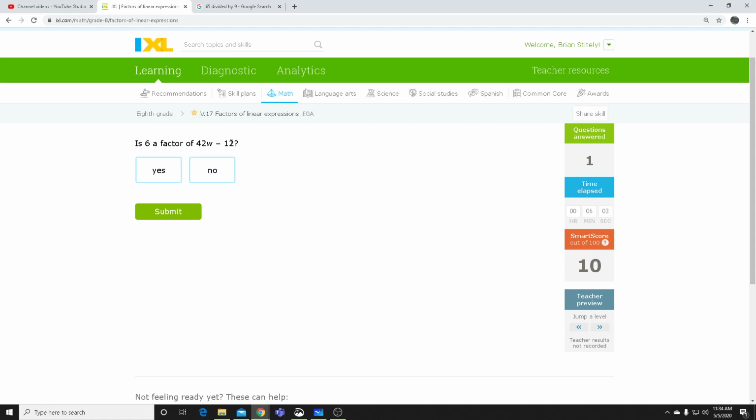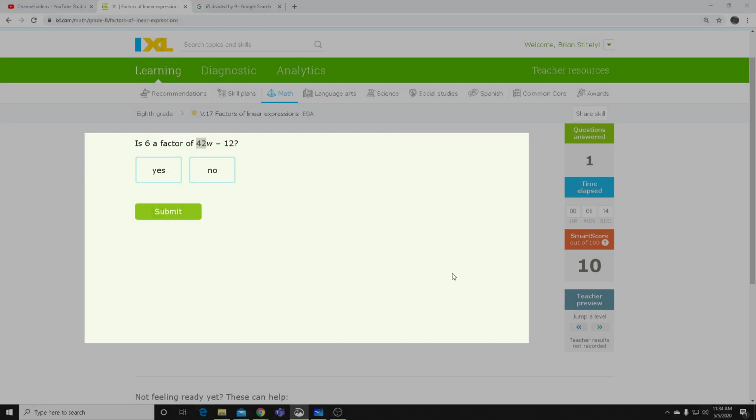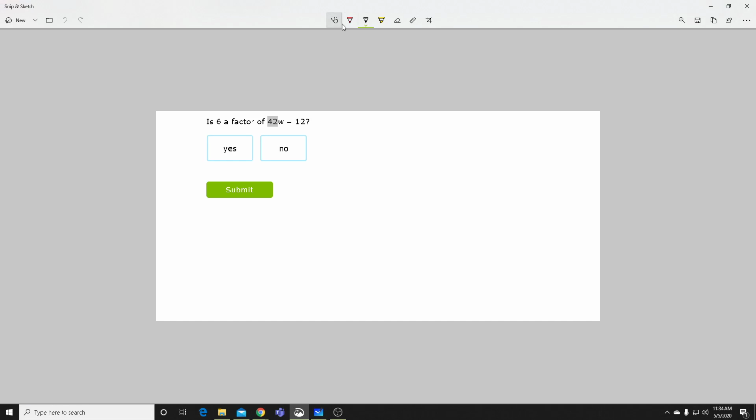Now, is 6 a factor of 42w minus 12? Well, we have to think about, does 42 divide by 6? Does negative 12 divide by 6? Honestly, don't even really worry about the negative, not right now at least. There might be an example where we need it, but we'll see. So you just want to check, does 42 divide by 6? Yes, 7.